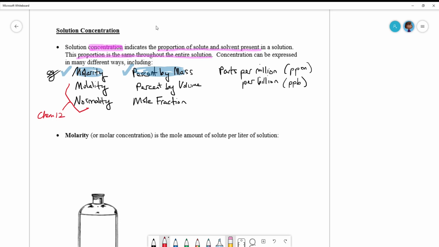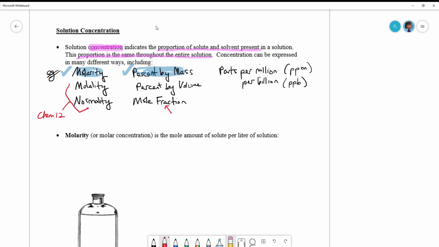Okay. Mole fraction is rather interesting. Mole fraction is a concentration term used almost exclusively for mixtures of gases. So earlier we found out that gases mix homogeneously, which means that a mixture of gases is technically a solution. And we use mole fraction to express the proportion of each gas in a mixture.